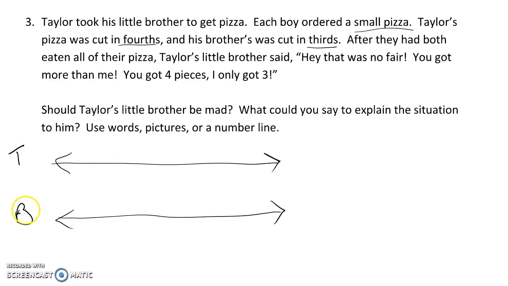Okay, so I'm going to mark 0 at the same place on each number line so that I can compare them. That's how we compare the same size whole, is if 0 is at the same place and 1 is at the same place. The whole thing, they're the same size. So Taylor's was fourths, right? So I'm going to show fourths. And his brother's was thirds.